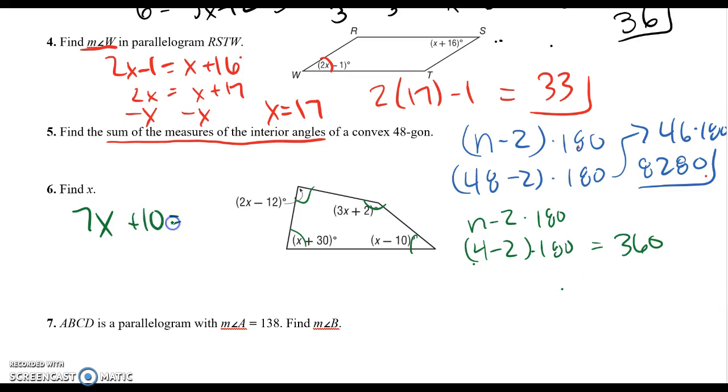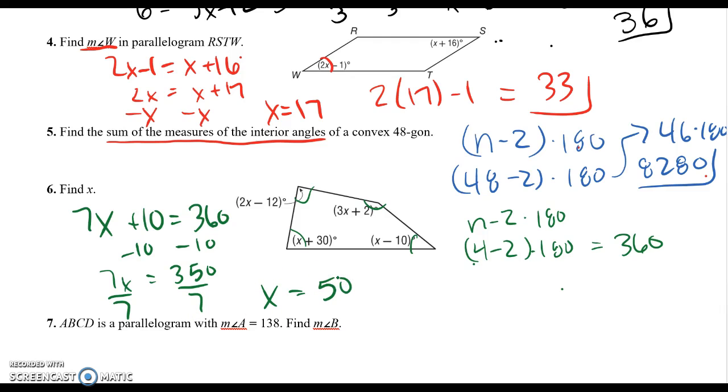Plus 10 equals 360. So that's what it'll look like after you combine like terms. Solving from there, we're going to subtract 10 from each side to get the x's by themselves. 7x equals 350. Last step, of course, divide by 7, and we'll find that x is equal to 50.